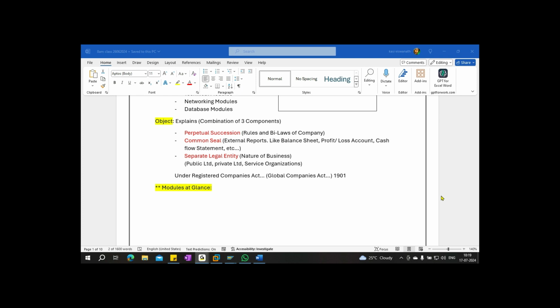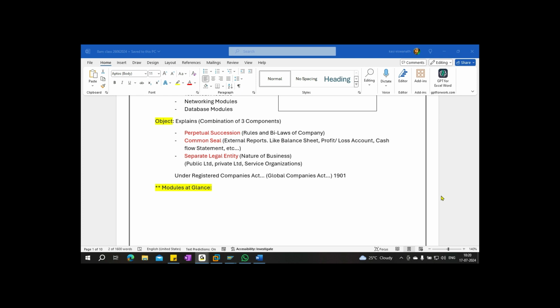So, sir, what about sole trader and partnership forms? Can we say those are not in the Companies Act? No, those are under the Companies Act, under HUFs. For sole trader and partnership forms, they register for bank loan purposes; otherwise it is not required. But for public limited, private limited, and service organizations, registration is mandatory.